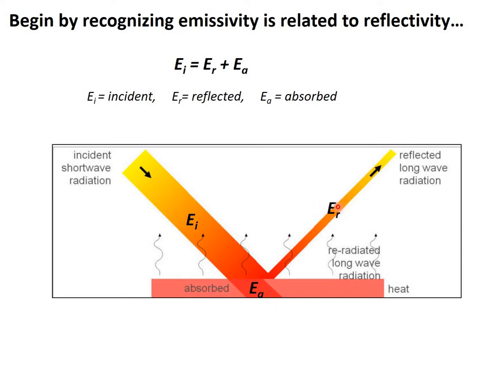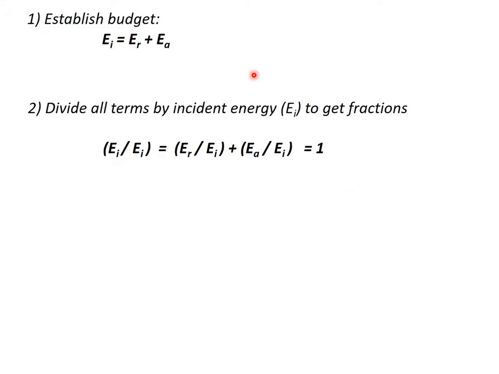Okay, so it's a budget. Whatever comes and hits the ground only has two things it can do: be absorbed or be reflected. Okay, so there's our budget we just established. Now if we just divide all the terms by incident energy, by the same denominator, we'll make them into fractions, and we can then set them equal to 1.